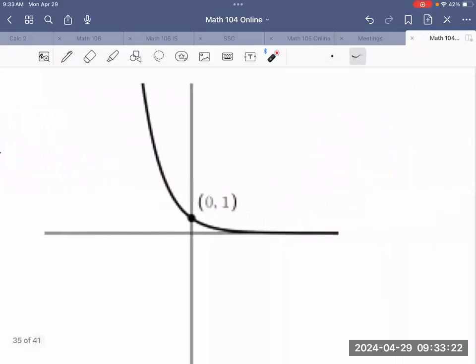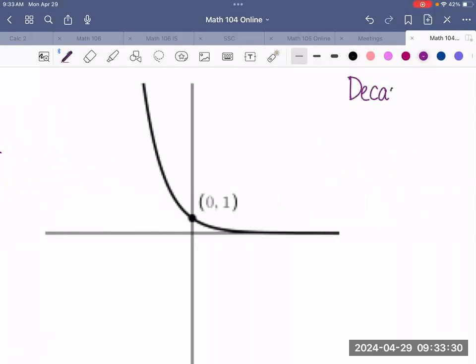Whereas this one is considered a decay. This occurs when b is between 0 and 1.